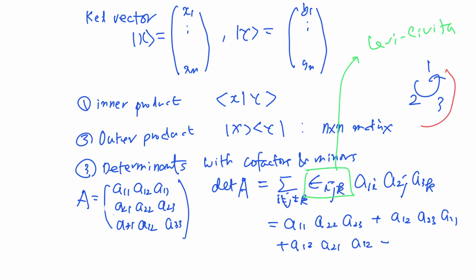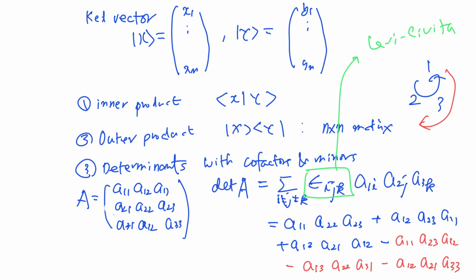Minus sign is according to the odd permutation. A11, A23, A32 minus A13, A22, A31 minus A12, A21, A33. 2, 1, 3, right?